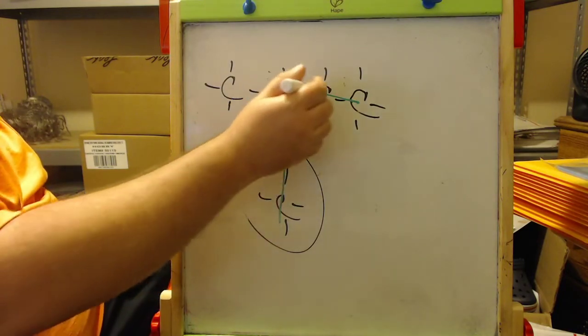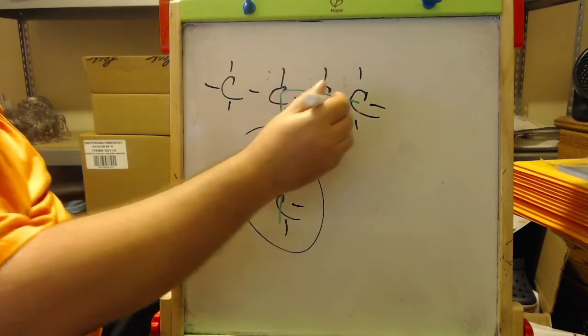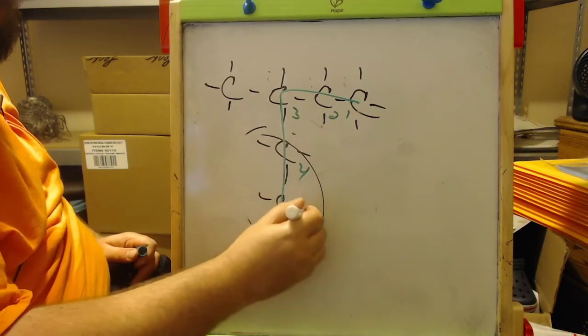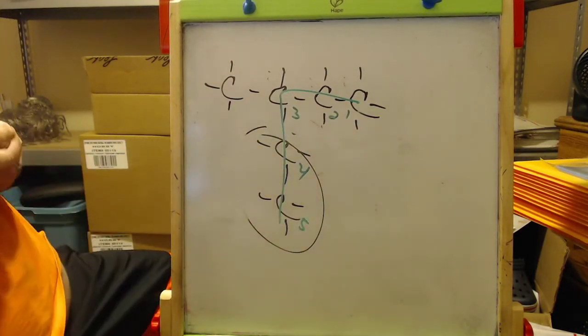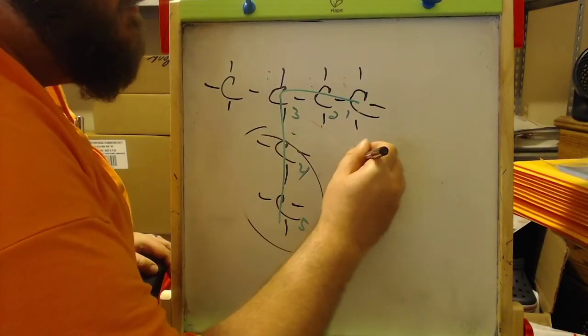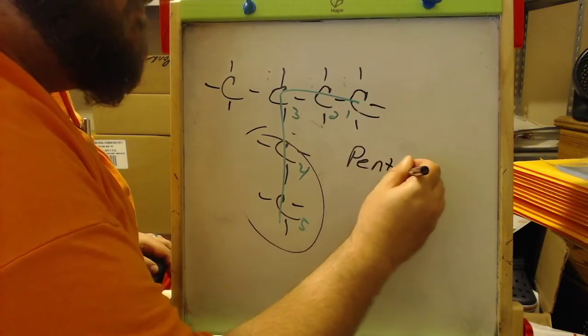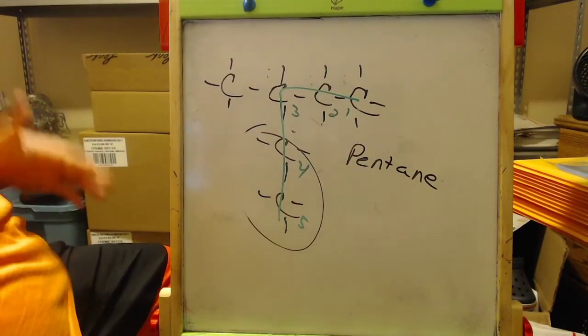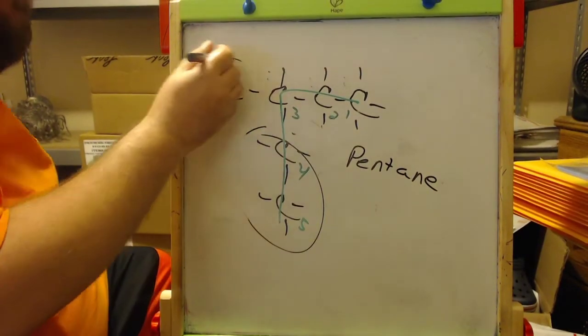1, 2, 3, 4, 5, or 1, 2, 3, 4, 5. No matter how you want to number it, it's going to work out the same. That's our longest chain. This isn't a butane. This is really 1, 2, 3, 4, 5. Pent, all bonded together. ANE. It's pentane. We do have a group hanging off.